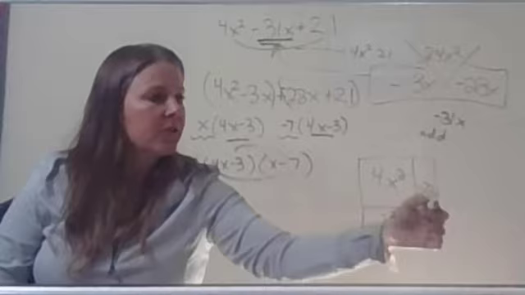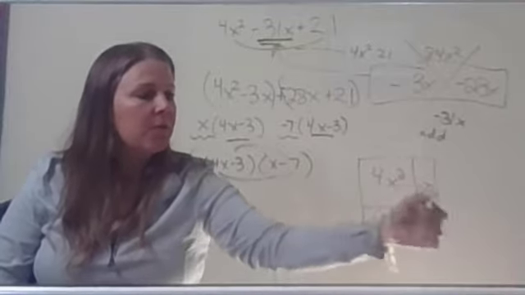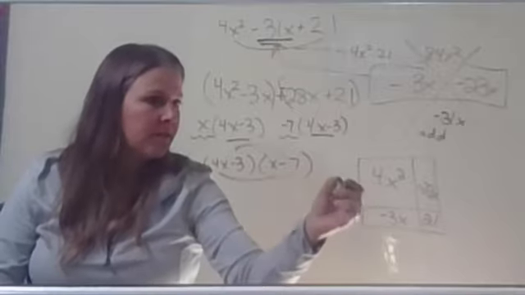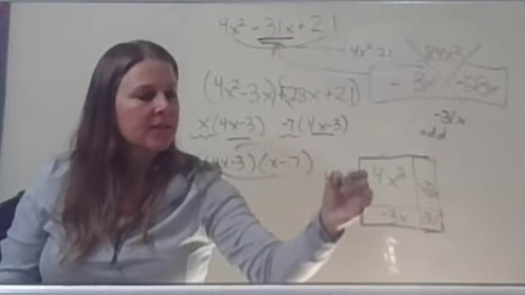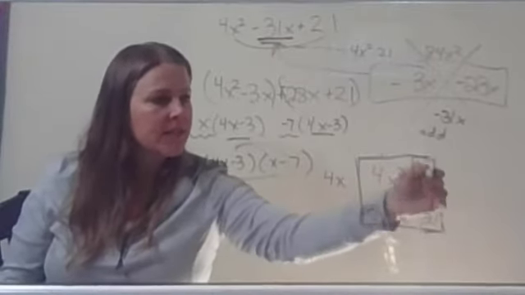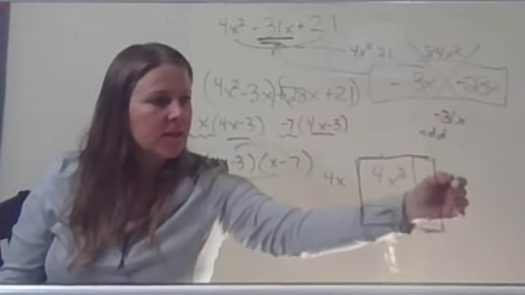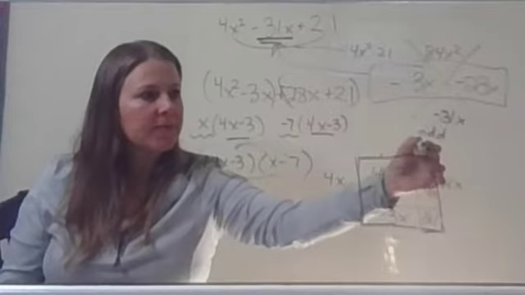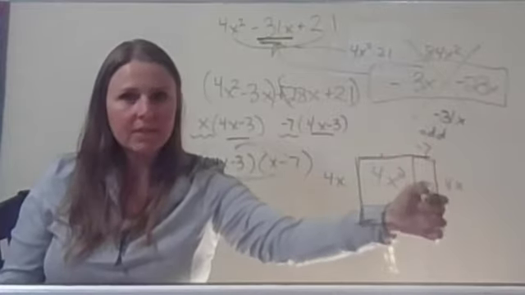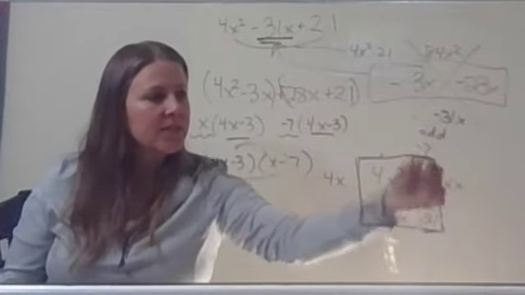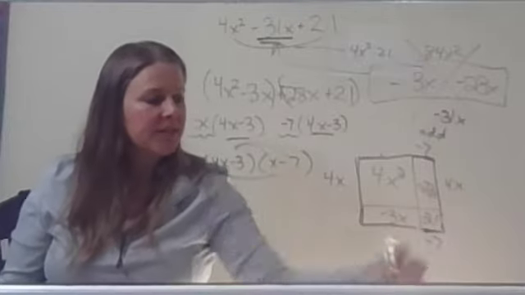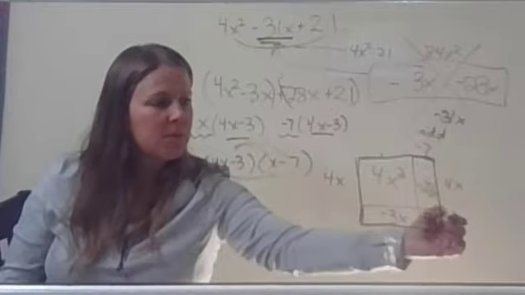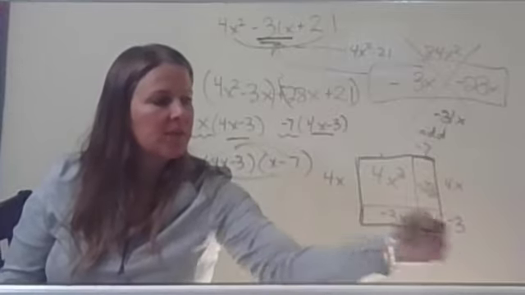But the greatest common factor between 4x squared and 28x is 4x. So if this is a 4x, this needs to be a 4x. And then 4x times what is negative 28x, and that would be negative 7. 4x times negative 7 is negative 28x. So if this is negative 7, this would also be negative 7. And to get positive 21, negative 7 times what is positive 21, and that would be negative 3.